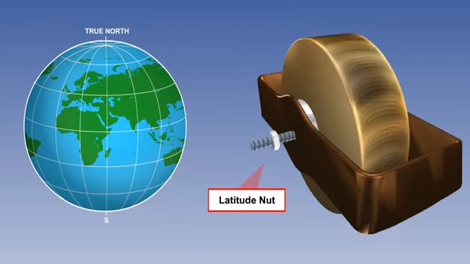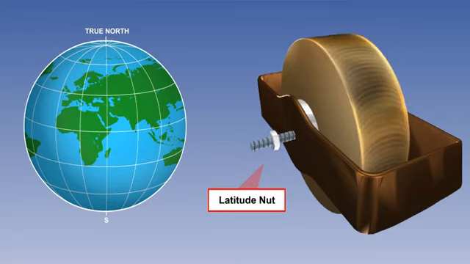The purpose of the latitude nut is therefore to deliberately introduce an out-of-balance mass to cause real wander in the gyro, which will be equal and opposite to the apparent wander caused by Earth rate at a specific latitude. In other words, the latitude nut will produce an opposite error to that caused by the Earth's rotation.